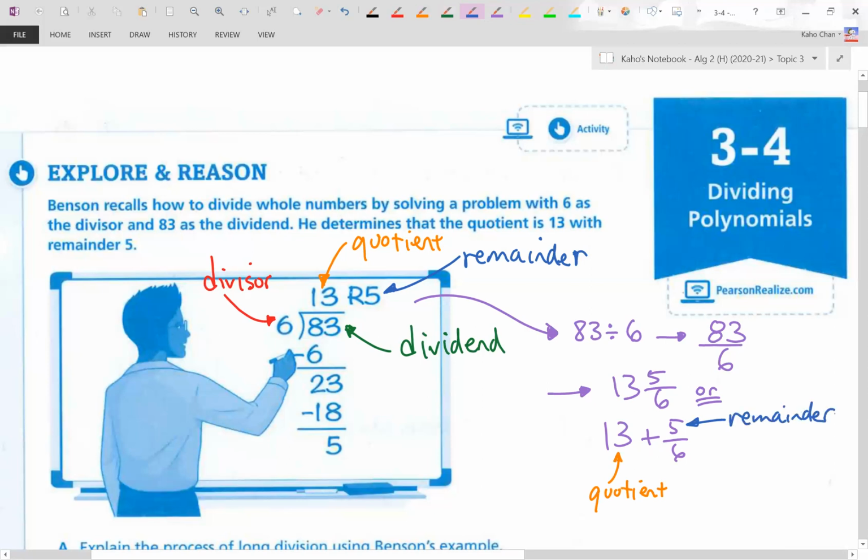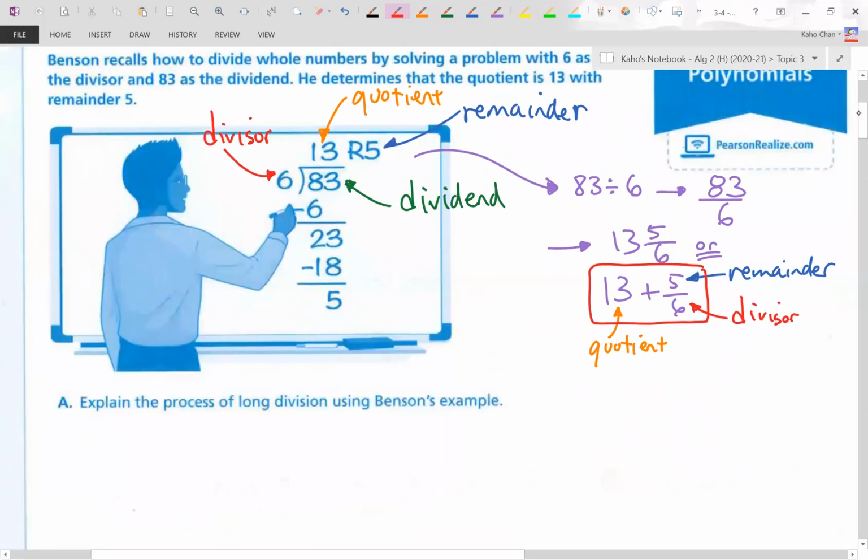And the 6 is the original divisor. We are actually going to apply the technique of long division from back in probably 4th grade to polynomials. Kind of crazy.